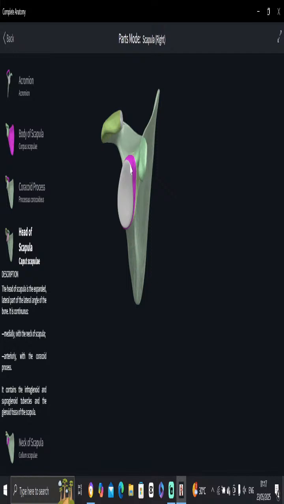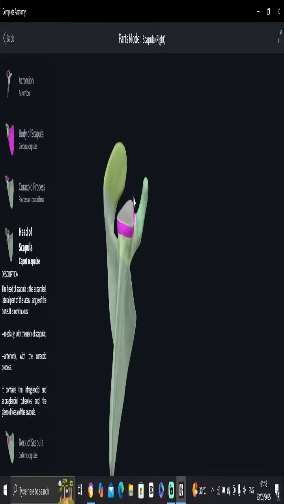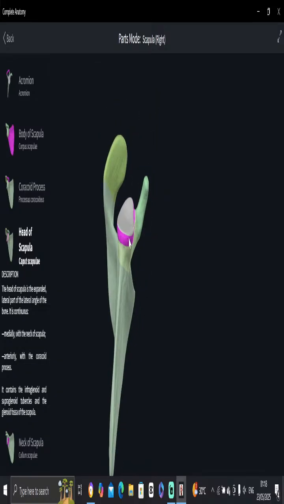Now the head of the scapula, superiorly, just above the glenoid cavity, there's a tubercle, the supraglenoid tubercle or the supraglenoid tuberosity. So this point is the point of origin of the long head of biceps, while inferiorly we also have another tuberosity or tubercle.